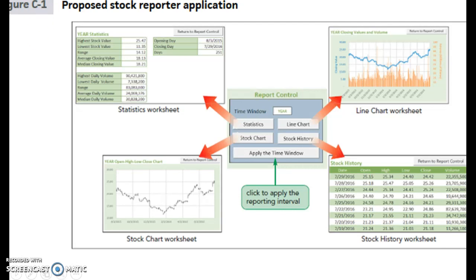So you see the little menu here in the center. You see that it says apply the time window. So we'll be able to apply not only year, but week and month. And then we have these four different sheets on the application that people can flip around to. And I'm going to explain how that goes in a second.